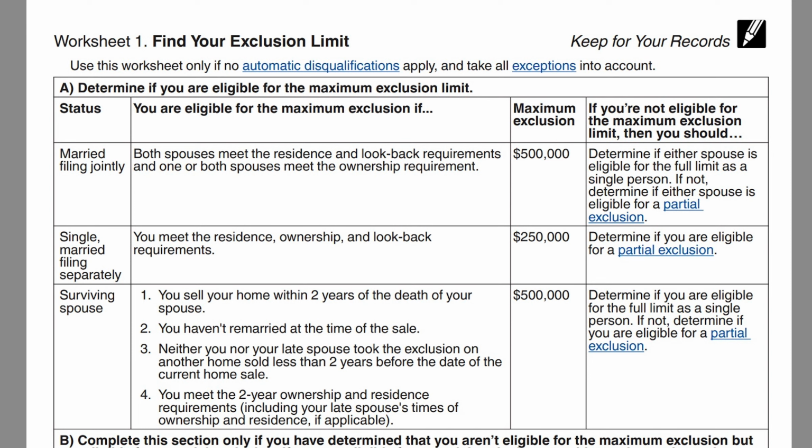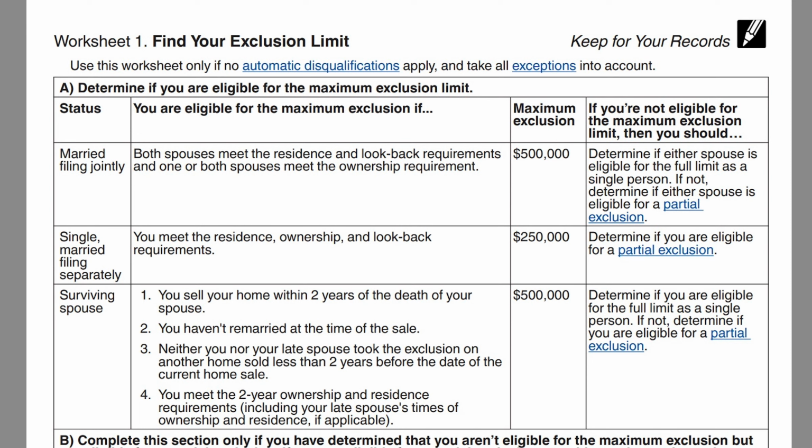And when the IRS defines 2 out of the previous 5 years, they can get as specific as 730 days. So be very specific when you are calculating your days, even if you're somewhat close. 2 years means 730 days, not 729, not 728.